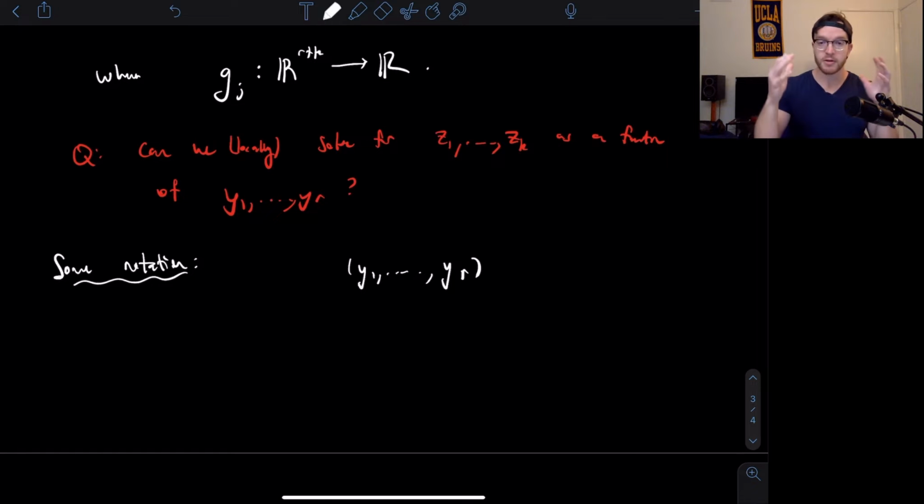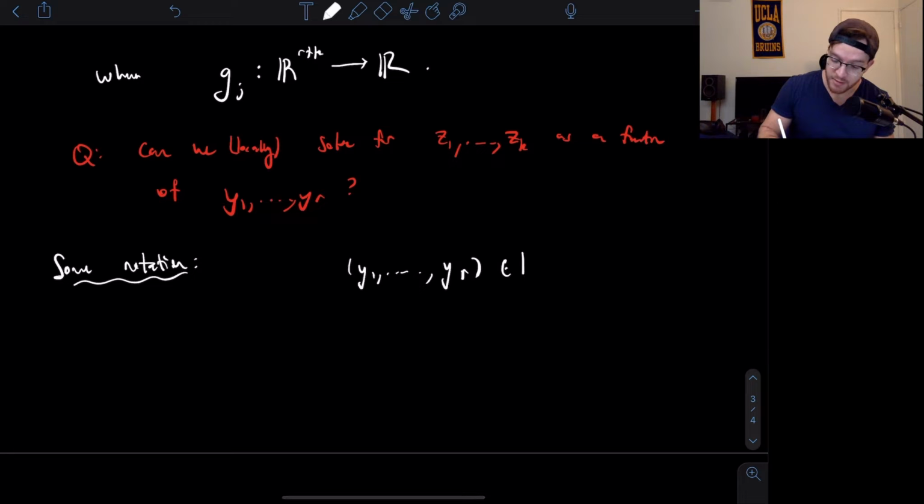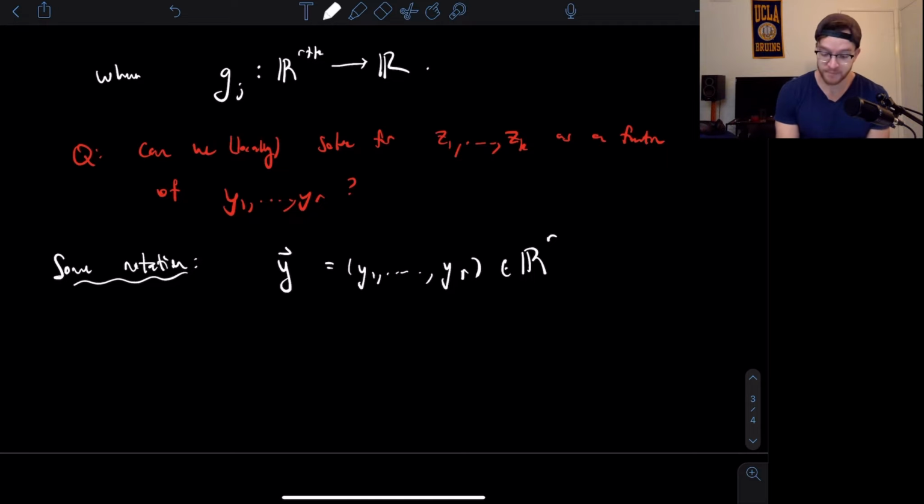So if I only collect my y variables, I can think of this as an element in R^r, right? And the shorthand that I'm going to use for this vector is vector y.